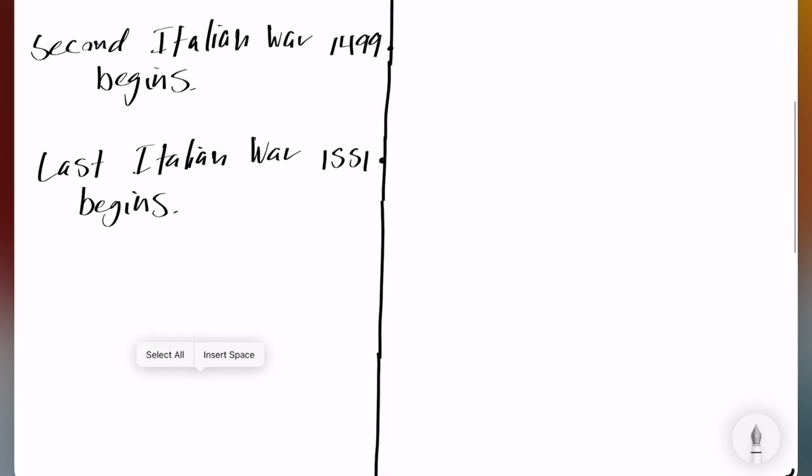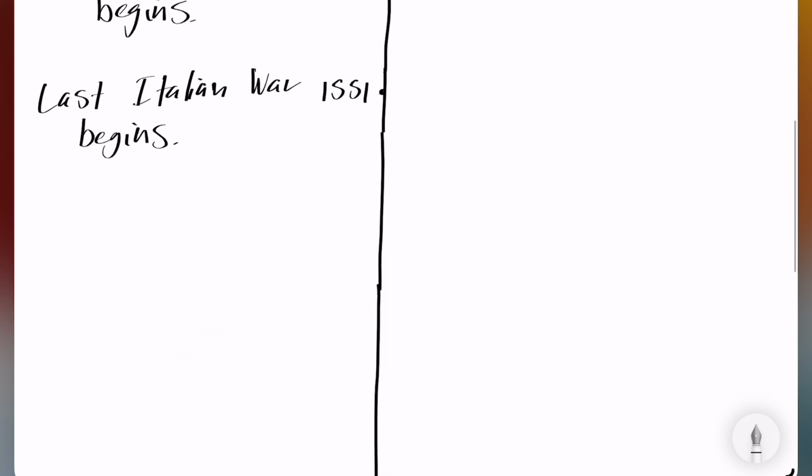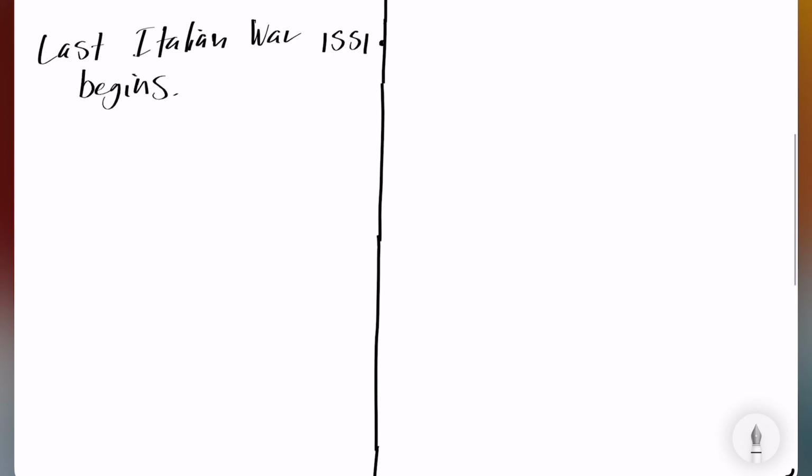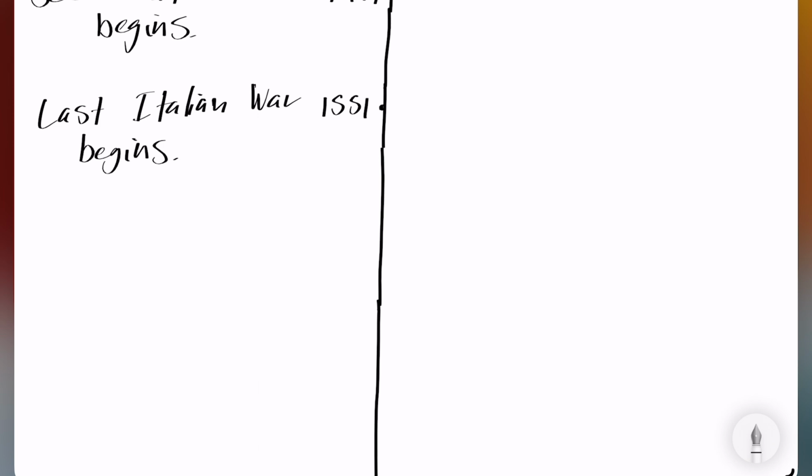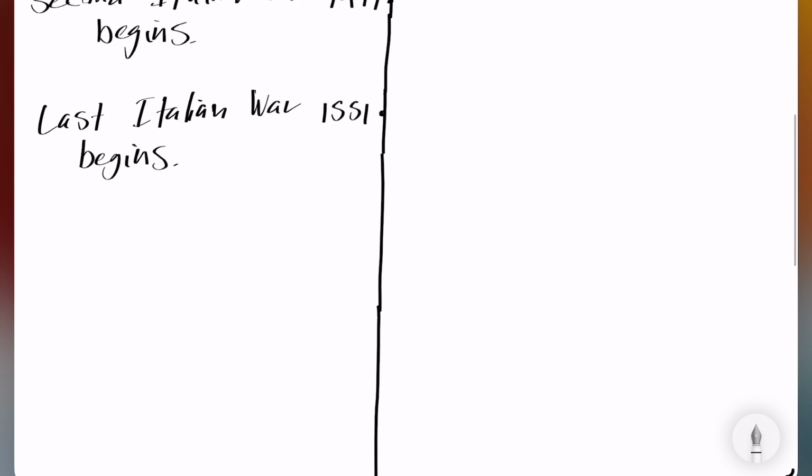All right? So that's what I wanted us to add to our Italian timeline at the beginning. And there is one more important date that I think we should add as well.